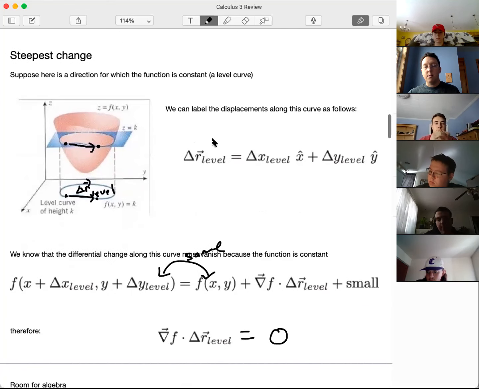If we specialize that formula to the special case where the initial and final heights are the same, then these two terms have to be equal to each other. Consequently, along a level path or level curve, this bit must be 0.